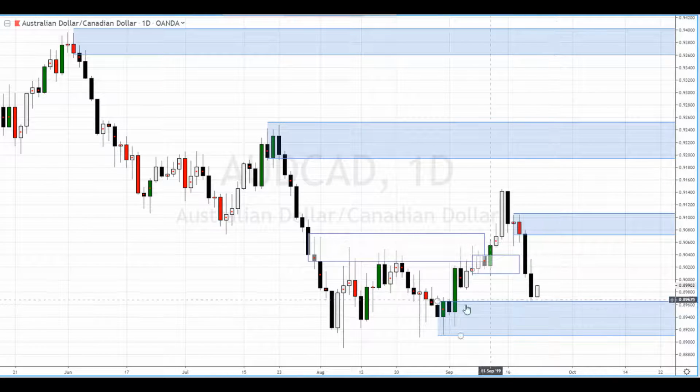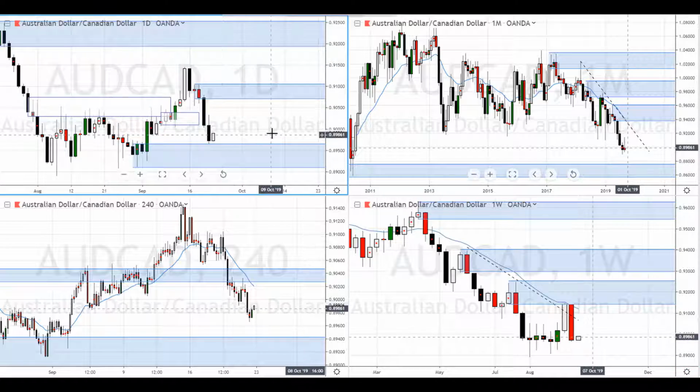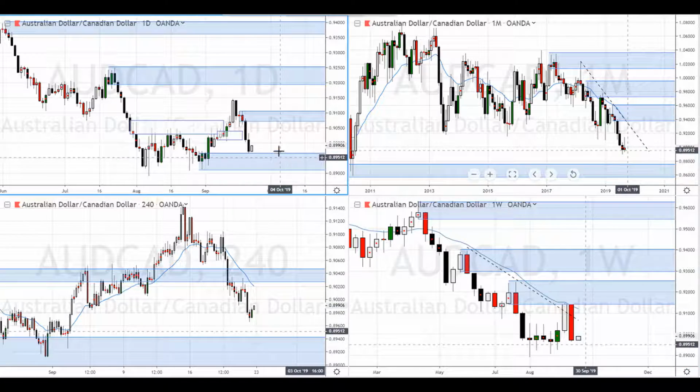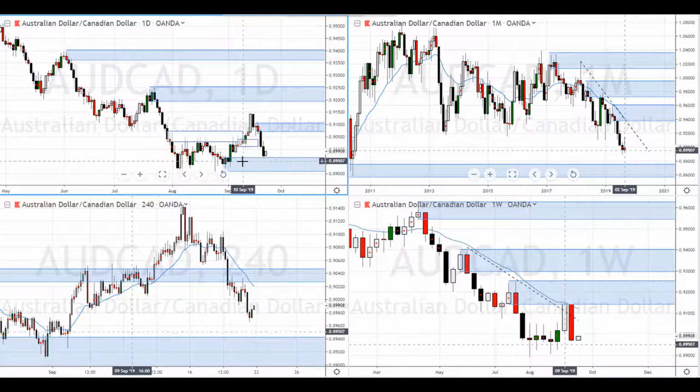So longs could get down here, but only if you're a counter trend trader. I wouldn't take this because it could make small moves.